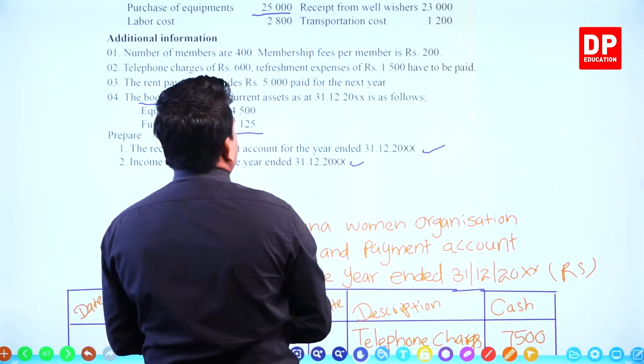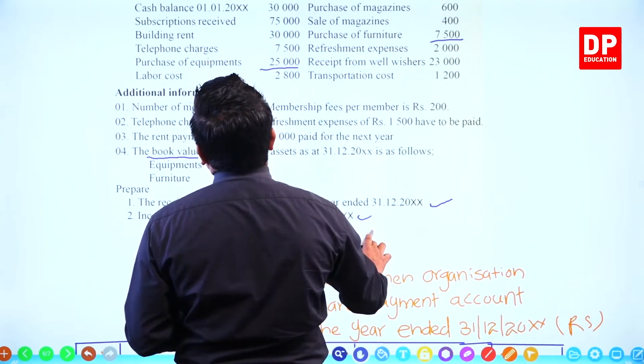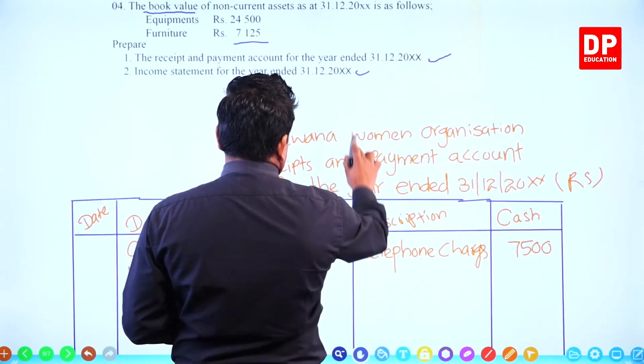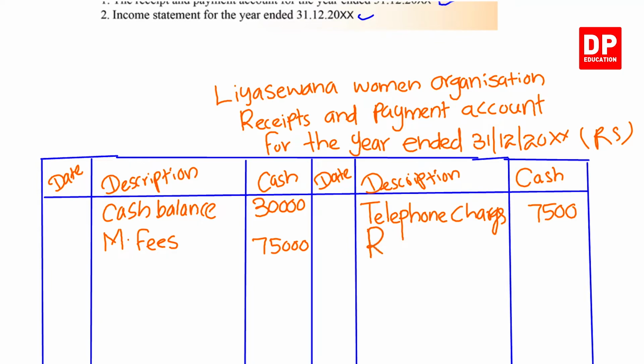There's another one. It is refreshment expense, 1,500. Now you see how much the refreshment expenses are. 2,000, right? You can write it first here. Refreshments expense 2,000. But you remember you have to pay 1,500 more.